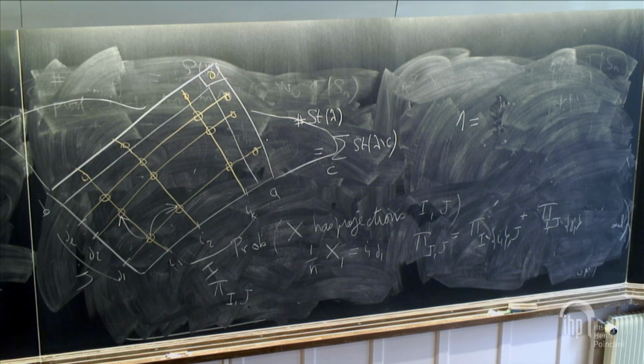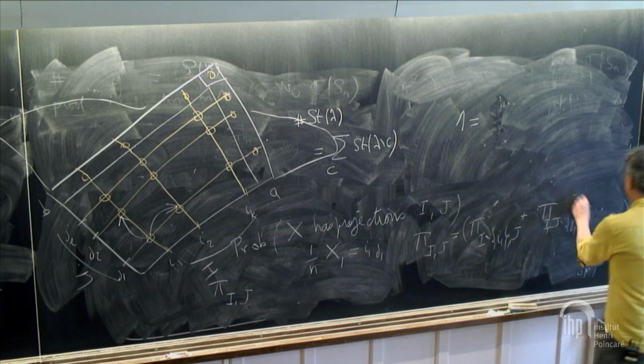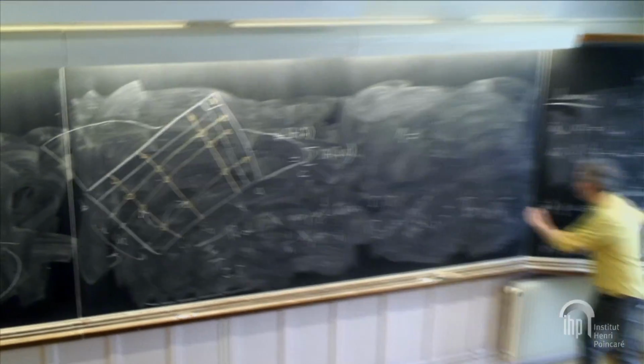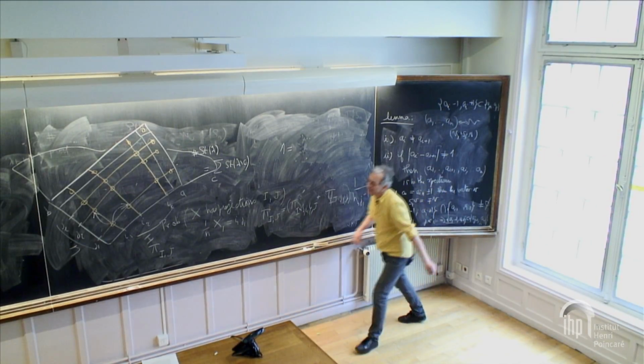There is some hook length that I have to take care of. The probability that you are going exactly there is this times 1 over h, minus 1. You're correct, yes, it's one of the terms which occurs here.